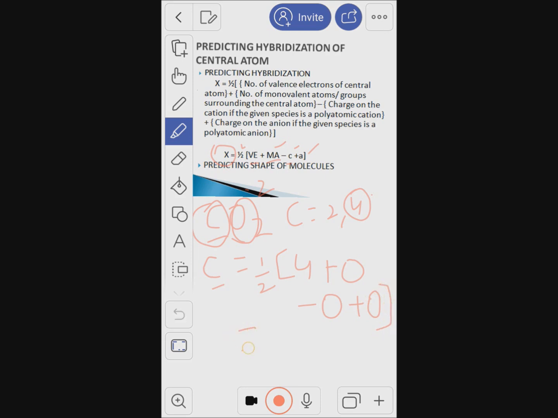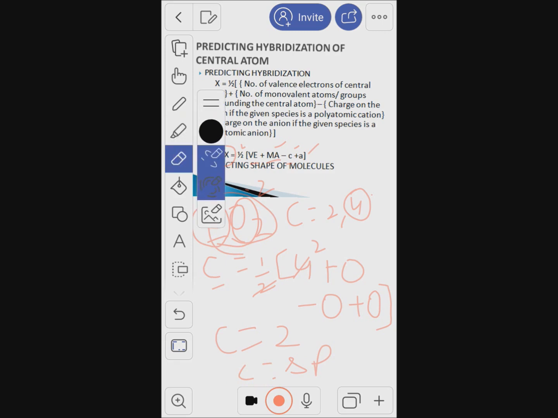By calculating it, we get 2. It means carbon has 2 hybrid orbitals. That is sp. And the hybridization of carbon is sp in case of carbon dioxide.